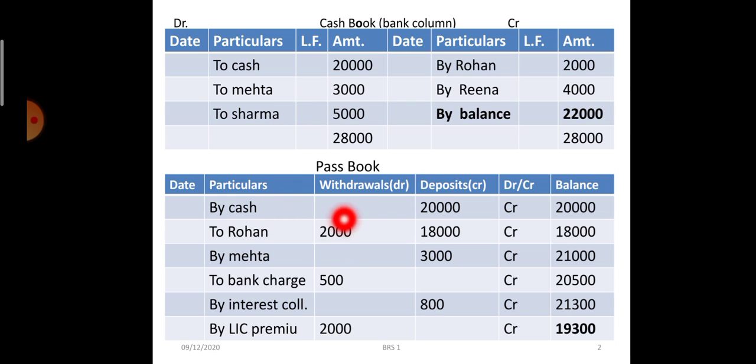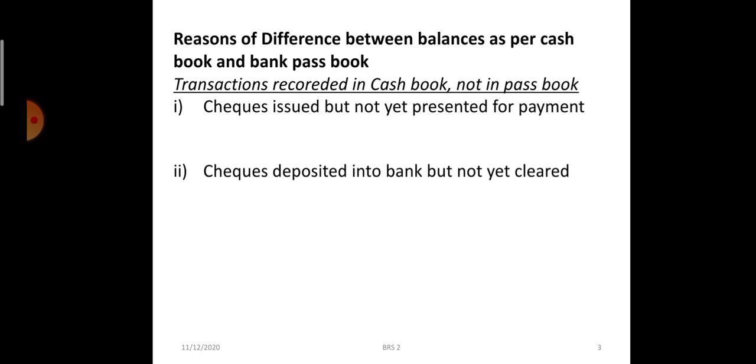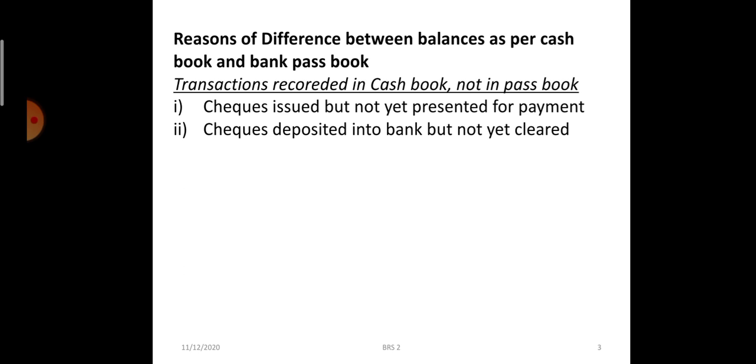Sharma's check received is not recorded in passbook. So it means check deposited, not collected. We have deposited the check of Sharma. In the cash book it is recorded, but it is not recorded in passbook. So that is one reason. Second reason, check deposited into bank but not yet cleared.